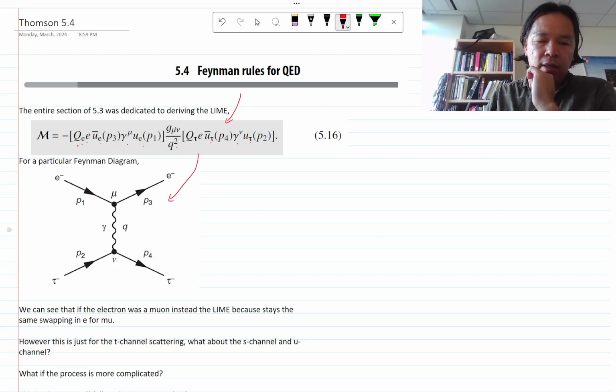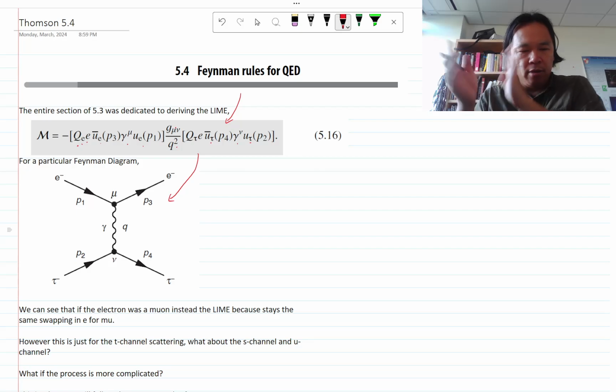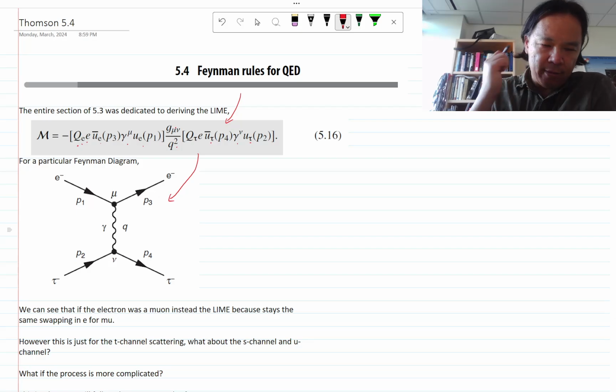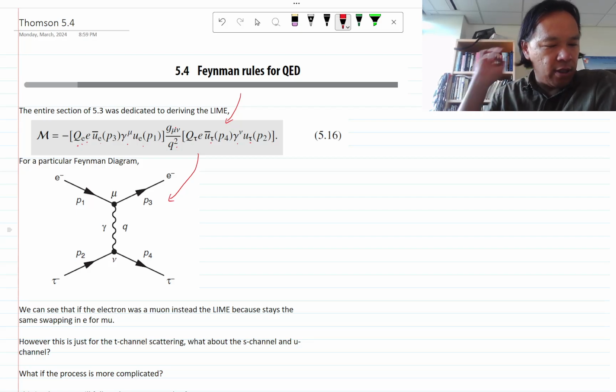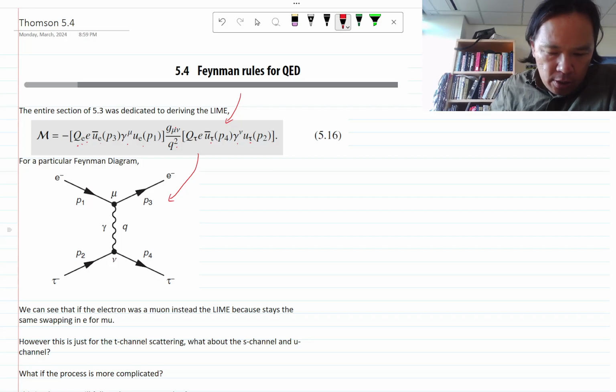So it could be electrons, muons, taus, combinations of all these charged leptons. The reason for the charged leptons is that neutrinos do not interact electromagnetically, so they won't have this diagram at all.